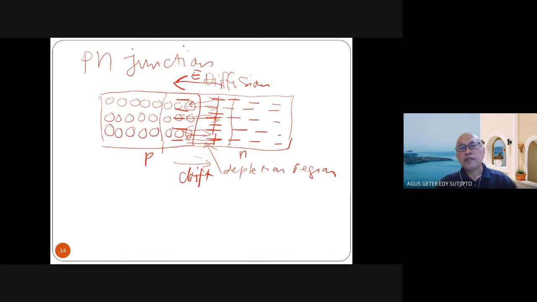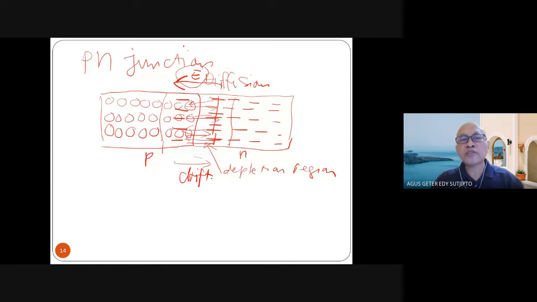The drift of electron from P to the N happens because of the diffusion of the electron and hole, which generates the potential difference. And the potential difference will cause the electric field. So the electric field will cause the mobility of the electron to the n type and the hole from n type to the p type. So this is the drift of electron, or drift of hole.